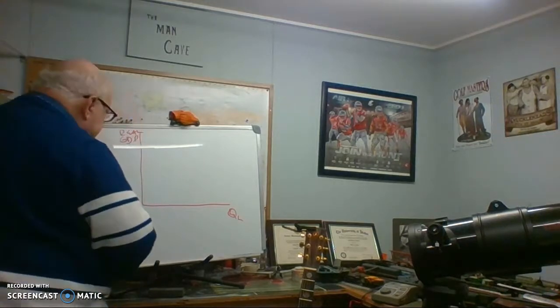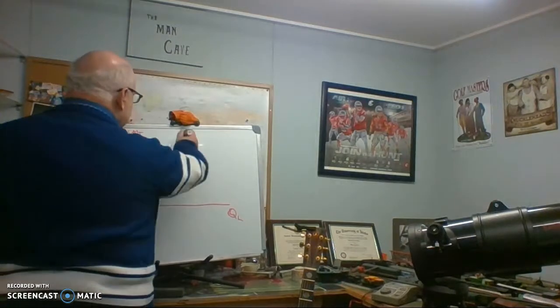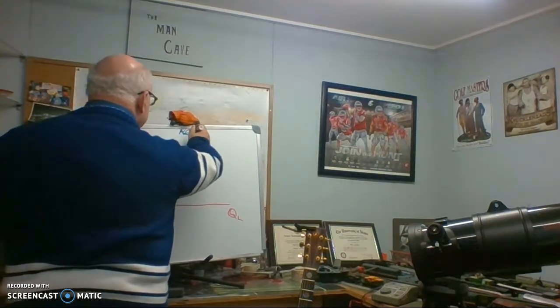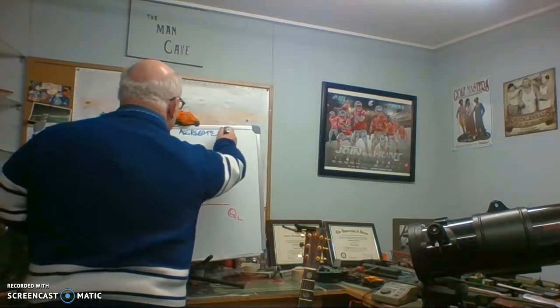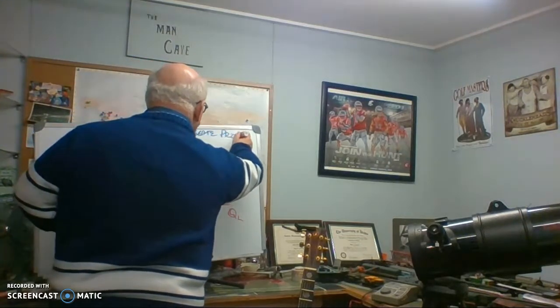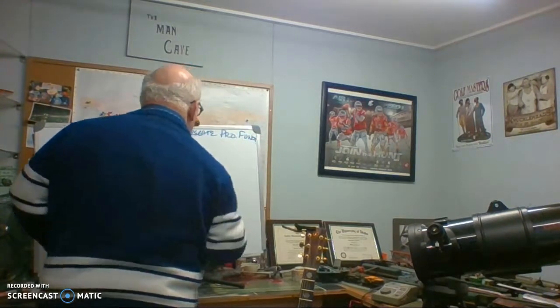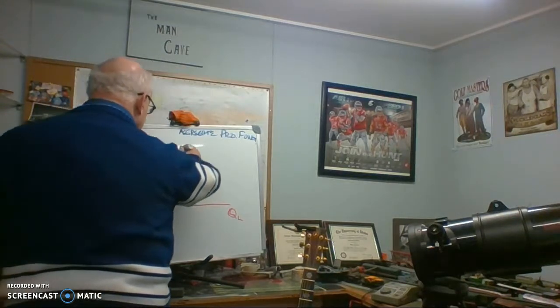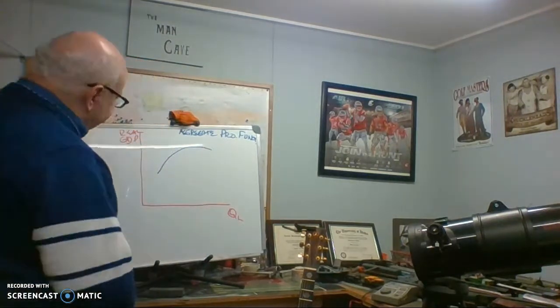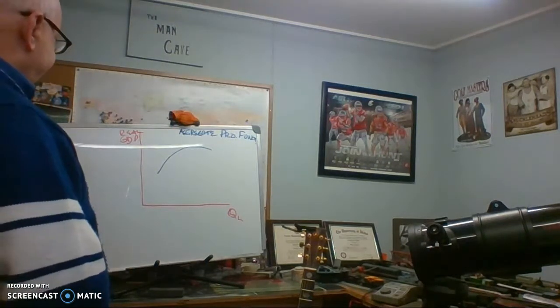And what we will see is that the curve looks something like this, and this is the aggregate production function.